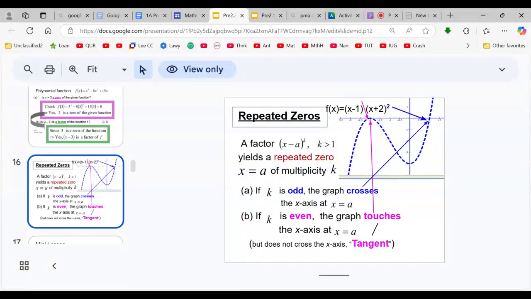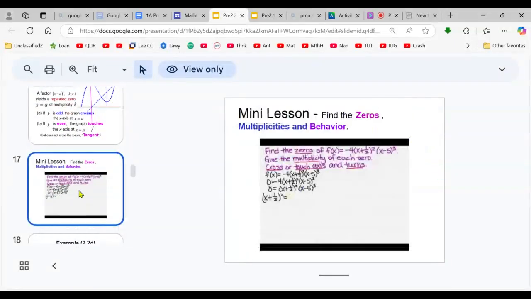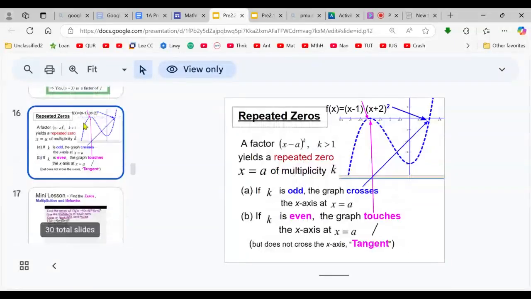Do you understand the difference between cross and touch? This is touch here, and this one is cross. Touch means tangent. So even, touch, tangent. Odd, crosses. K is the power here. The first one is power 1, the second one power 2.